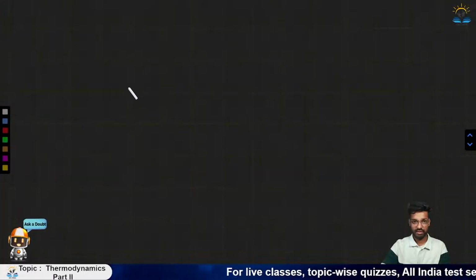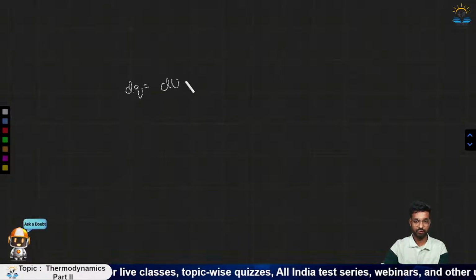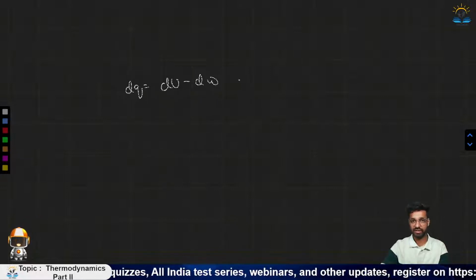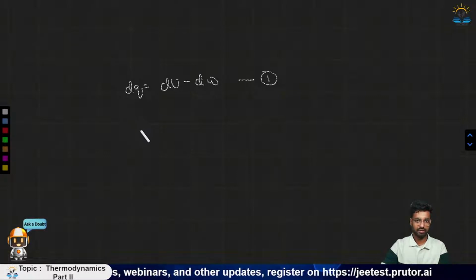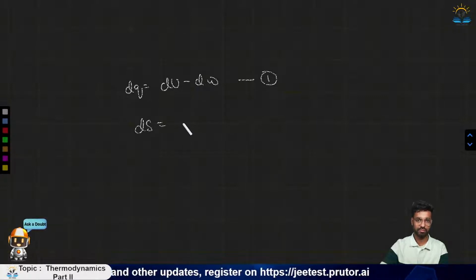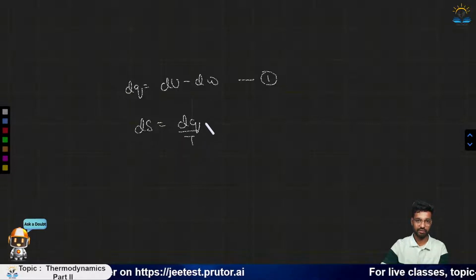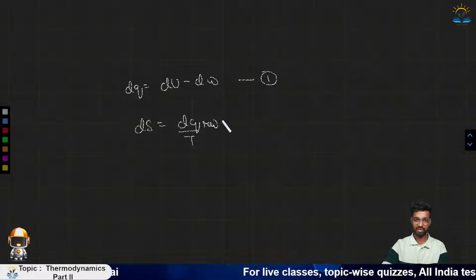Suppose we know that dq is equal to dU minus dW. So from the first law of thermodynamics, we can write it. Also, we know that dS is equal to dq by T. So it is all for reversible. We are calculating it for reversible because the formula is for reversible only.